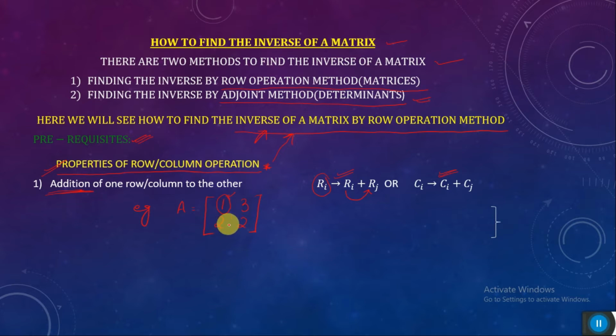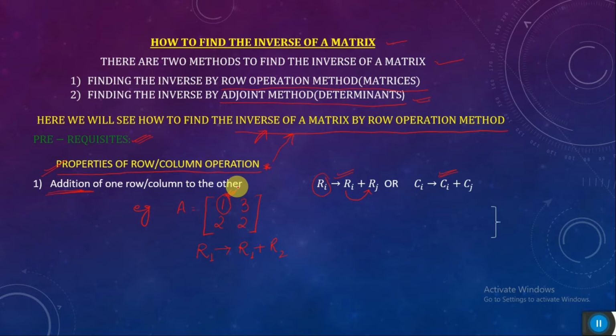You have to make use of another row. My target is in the first row, so I will put row 1 under operation, and row 1 has to be added to row 2 to get 3. Clear? Just focus on this element, nothing else.